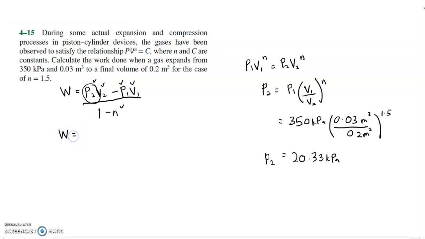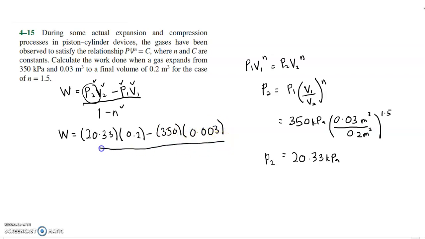So W equals to P2, 20.33, V2, 0.2, minus your P1, 350, times 0.03, divided by 1 minus 1.5.